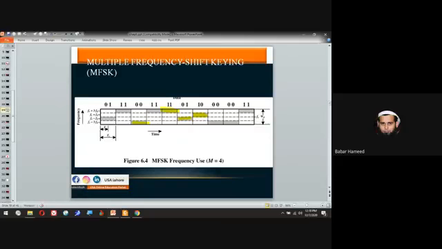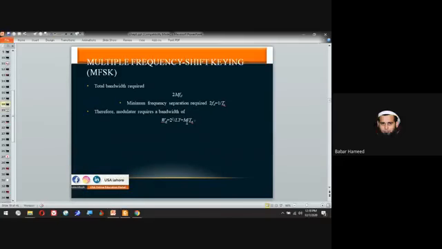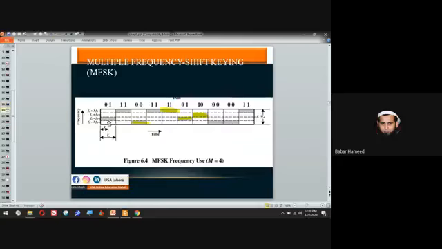It is showing that, look, we have a MFD. Now it is explained 2 MFD means total bandwidth required is how many levels we do need.